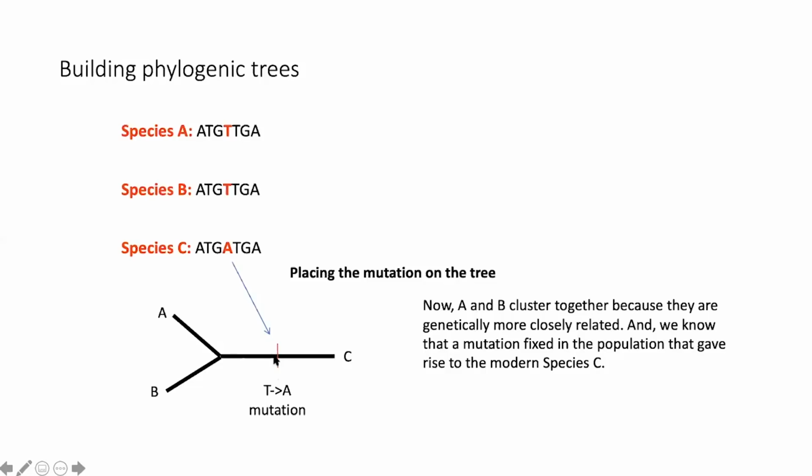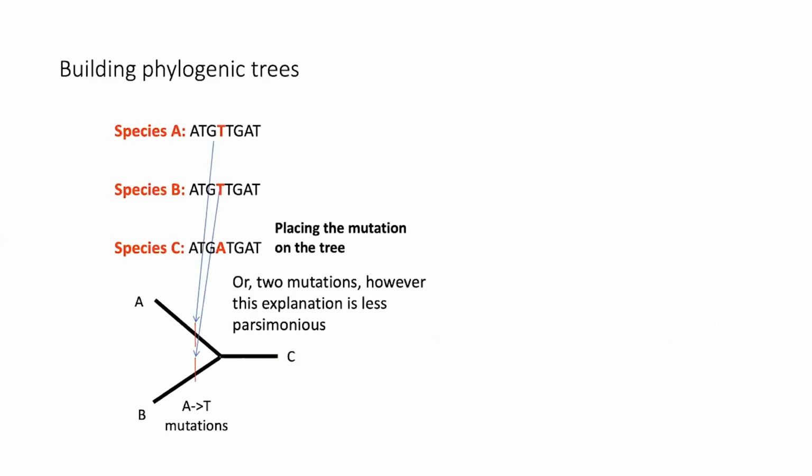We put this individual tick mark there, and that tells us that C is distinct from A and B. But we had an option there. We didn't necessarily have to put that mutation on that branch. Instead, we could have said, well, maybe two mutations occurred in this phylogeny, and one occurred on this branch, an A to a T, and one occurred on this branch, an A to a T as well.